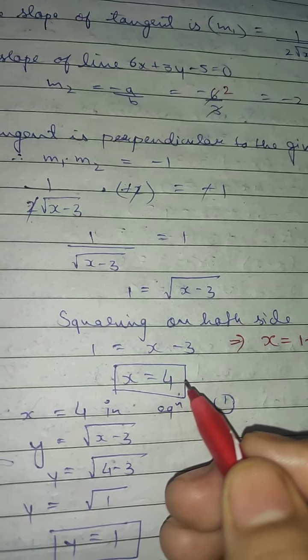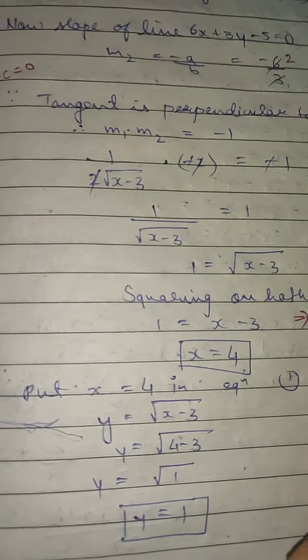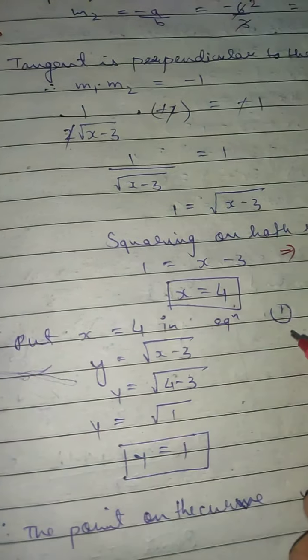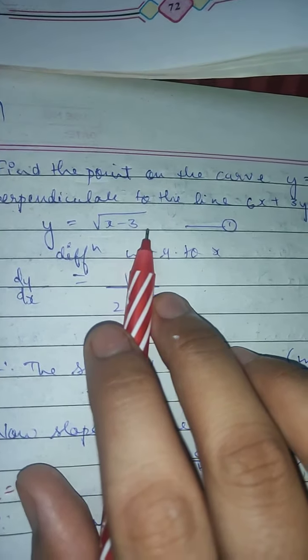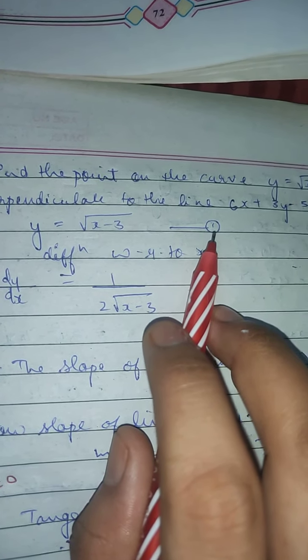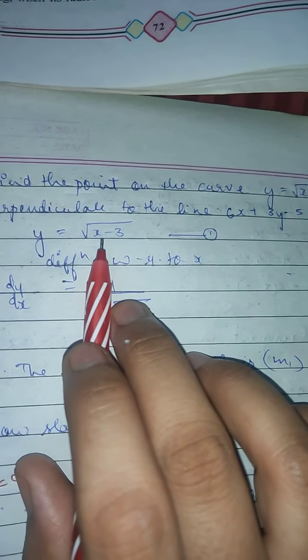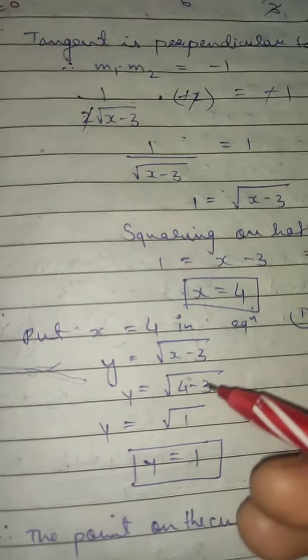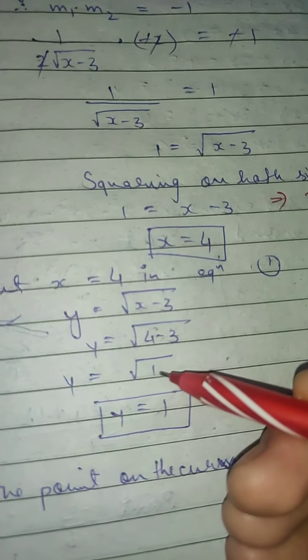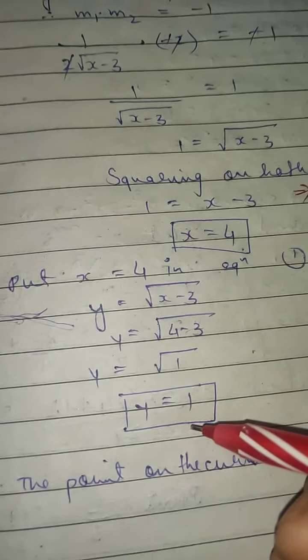So the x value we got is 4. Now we have to find y, so put x equals 4 in equation number 1. In the beginning we were given y equals square root of x minus 3, which is equation number 1. Now in place of x we put our answer 4. So 4 minus 3 is 1, and the square root of 1 is 1. So the y value we got is 1.